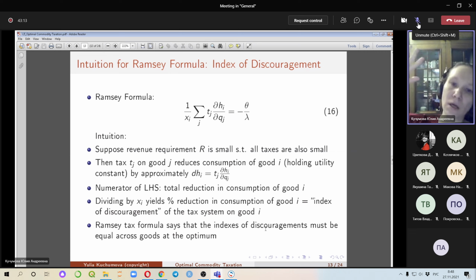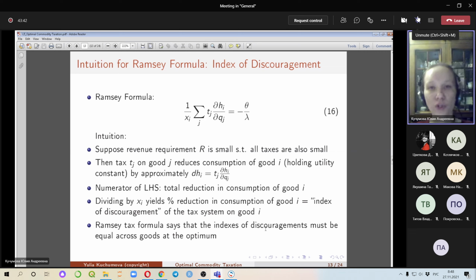And if we add all these reductions, then the percentage reduction in the consumption of good i should be the same over all goods. If we achieve that, this means that we chose taxes optimally.